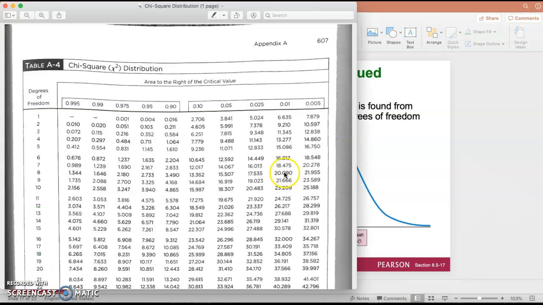To confirm, I come into the chi-square table, where I have the areas to the right, and look at 0.99. I look in this column for 9 degrees of freedom, and I can see my critical value is in fact 2.088.